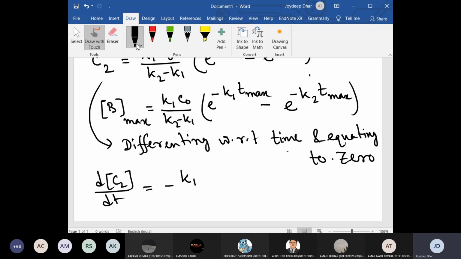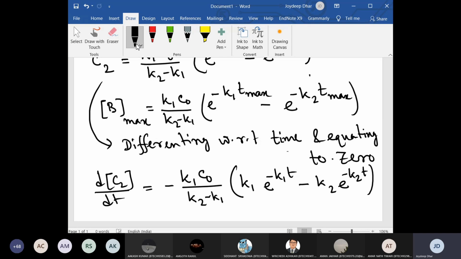Time is less, so I am writing straight away: K1 C naught minus K1 C naught by K2 minus K1, times K1 e to the power minus K1t minus K2 e to the power minus K2t, if you do the first derivative. And what I told, you have to equate to 0. Okay, so this equation will be equal to 0.